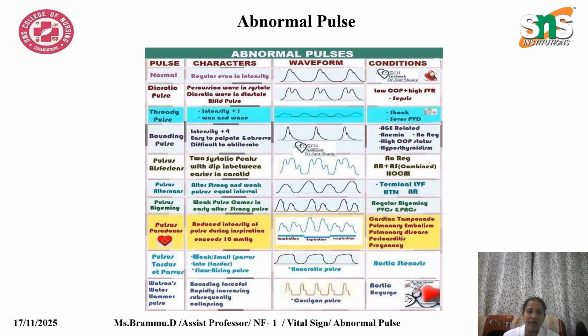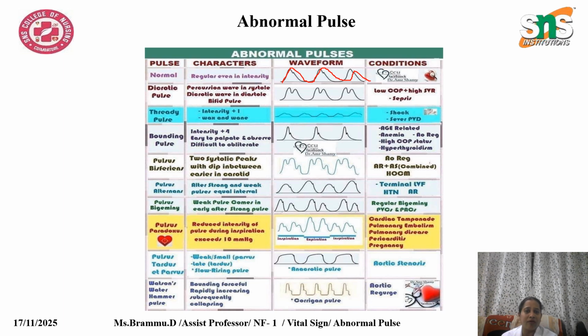And of course, the waveform shows a good peak from the isoelectric line, and you can see the curve is very much regular. So in patients without any sort of cardiac condition, the pulse is going to be normal.